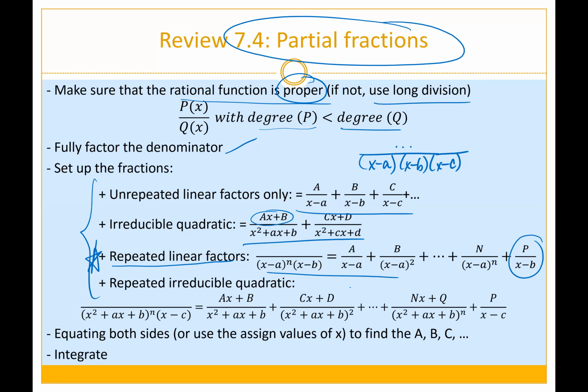It's not cx plus d squared or anything. And it's also divided by that quadratic squared. So whatever formula you use, the general thing is the same. It's just that if you have the repeated, you have to do it multiple times. Nothing really changes in the numerator.